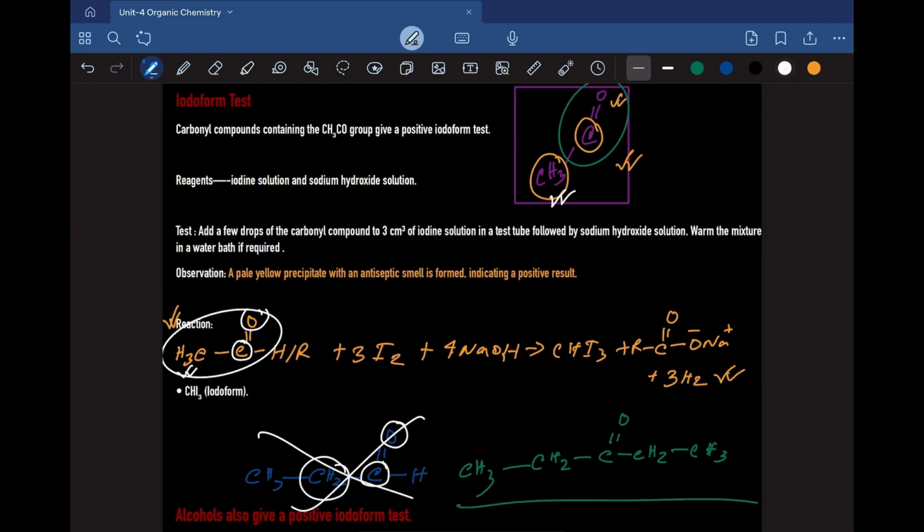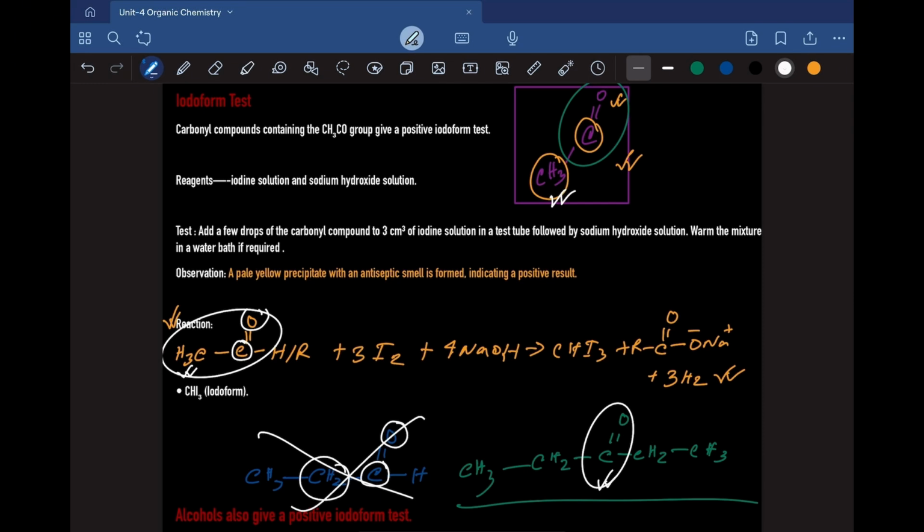But as this C double O group is in the third carbon atom, it will not give a positive iodoform test. But pentan-2-one would have given a positive iodoform test. This is pentan-3-one, right? If this carbon oxygen bond was in the second carbon atom, it would have given a positive iodoform test.